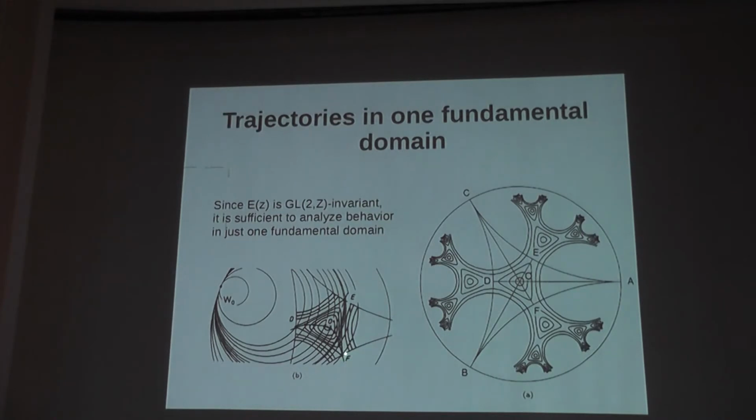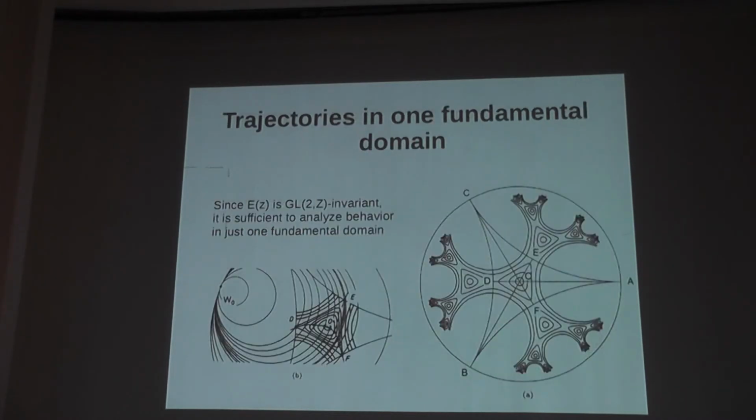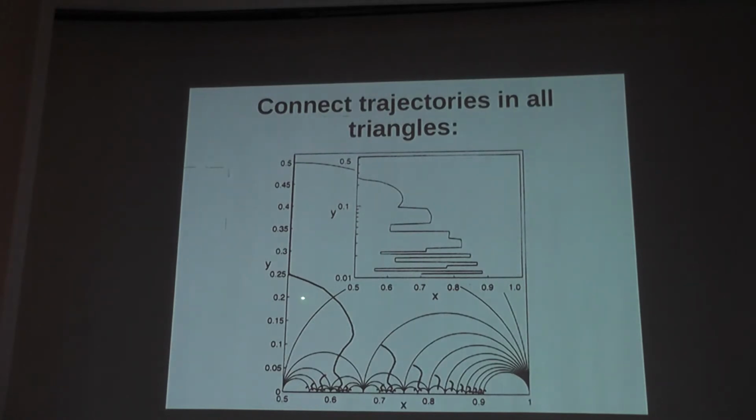So now what you need to do is to think about these trajectories, and you can do another fractional linear transformation, map a half plane on the unit disk, etc. These are details in a sense. The main thing is that there is the symmetry of energy that you can use to simplify your analysis and think about what happens in one triangle. And then in one triangle, you find that the trajectories do this.